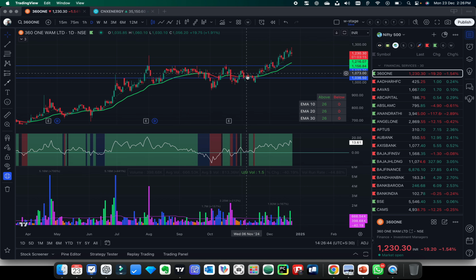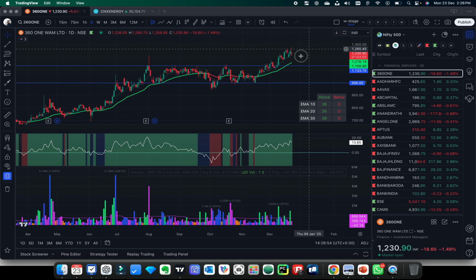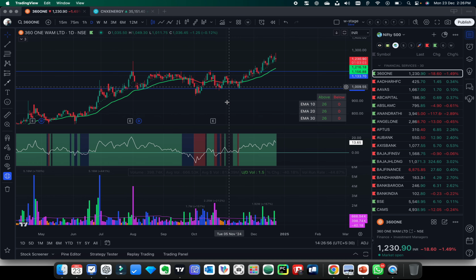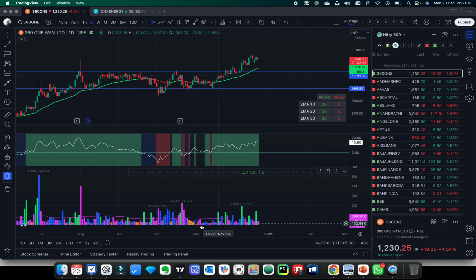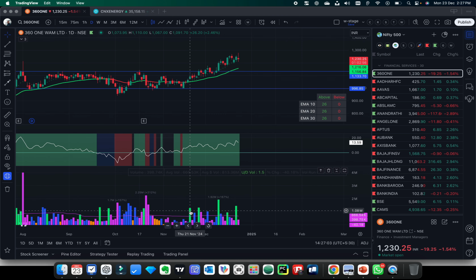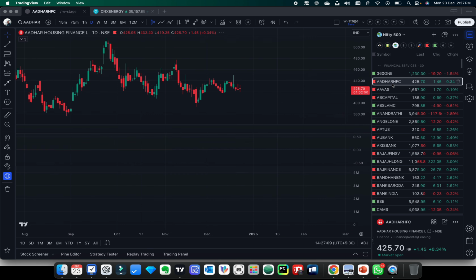Prices are on the moving average, sometimes it is downward sloping, sometimes it is upward, and there was a clear support and resistance which was seen here within this range, and then there is a breakout and stock started outperforming the market, and this green volume indicates it's a big volume or increase in the volume during the breakouts. Let's see the next.